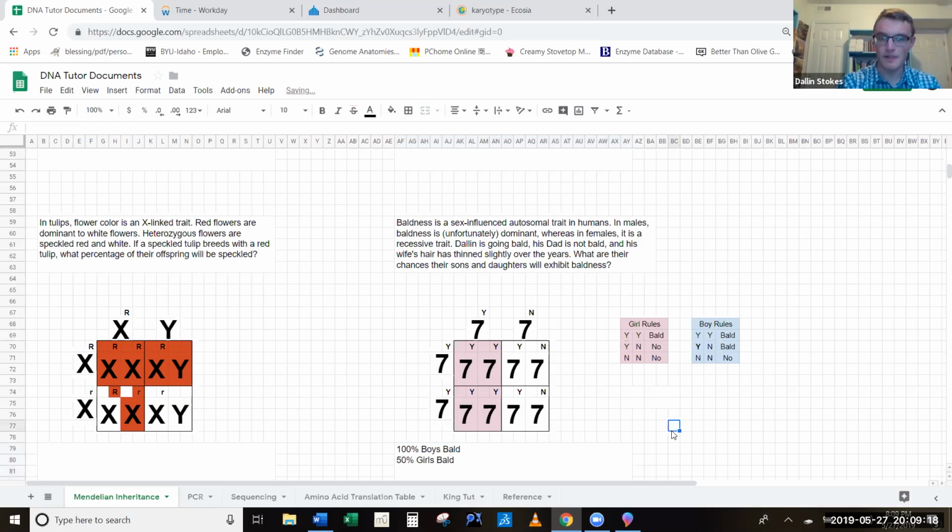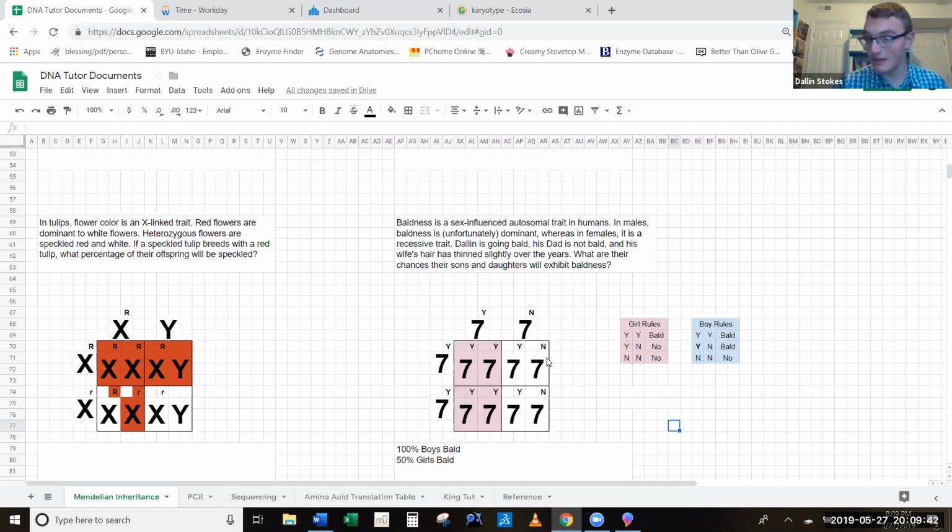You see that? By using that yes-no thing, I could keep track of both non-dominant and recessive. I'm ignoring those rules. I'm saying, is it a bald trait or is it a not bald trait? And now once I figured out the Punnett square, I'm going to come back and apply the rules based on what gender the children are. And I am going to go through the rules assuming that all 4 squares apply to both genders.